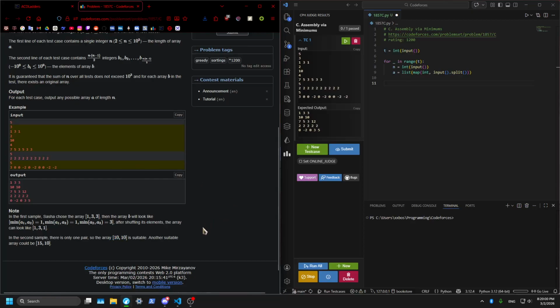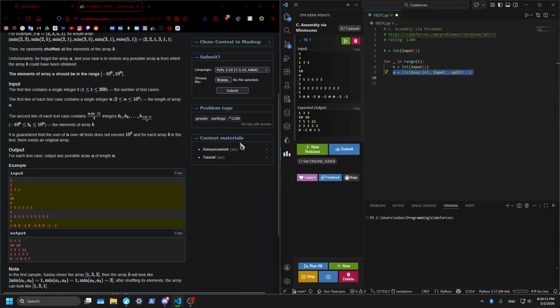So how do we go about this? We can find A's length, right? Like, this is array B we're given.